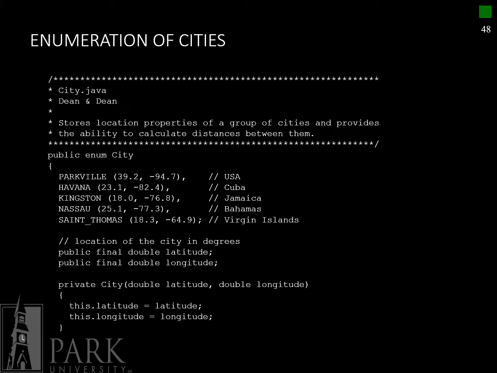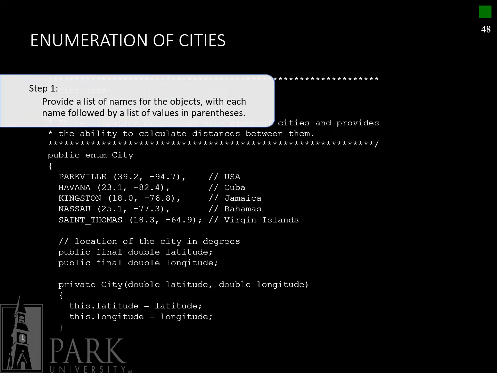So here we go. We're going to break it down by steps, right? Step 1, provide a list of names for the objects with each of the names followed by a list of values in parentheses, right? So here you can see that we have our list of names for the objects: Parkville, Havana, Kingston, Nassau, St. Thomas, right?